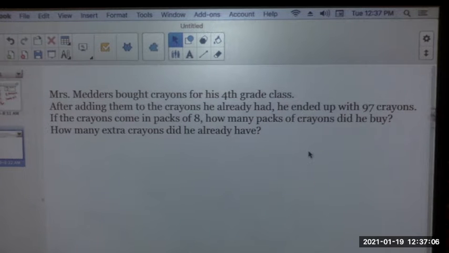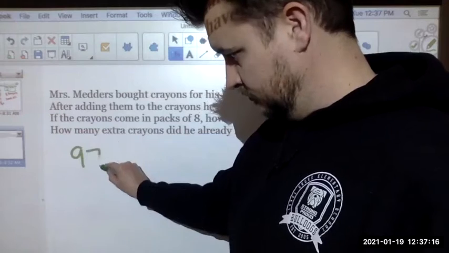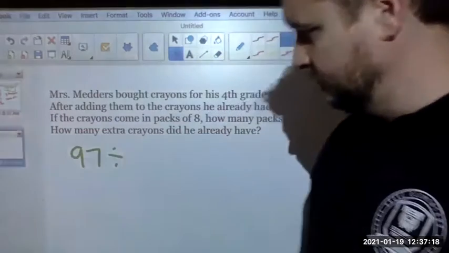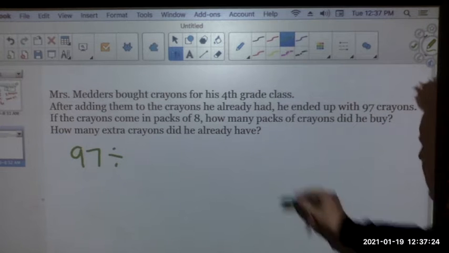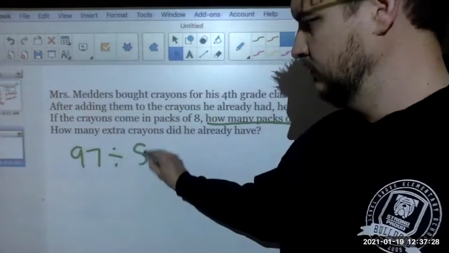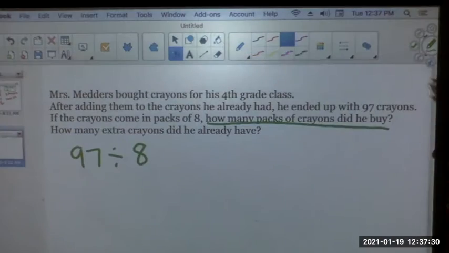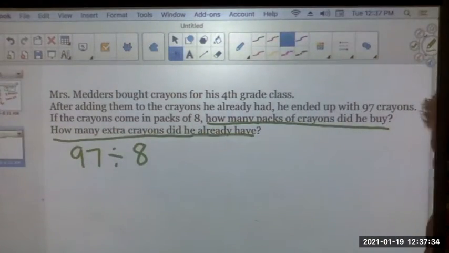After adding them to the crayons he already had, he ended up with 97 crayons. Okay. If the crayons come in packs of 8, how many packs did he buy? And how many crayons did he already have?